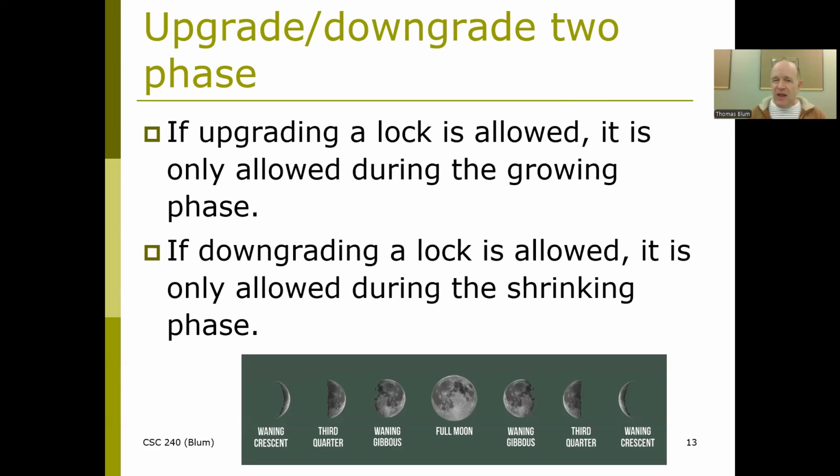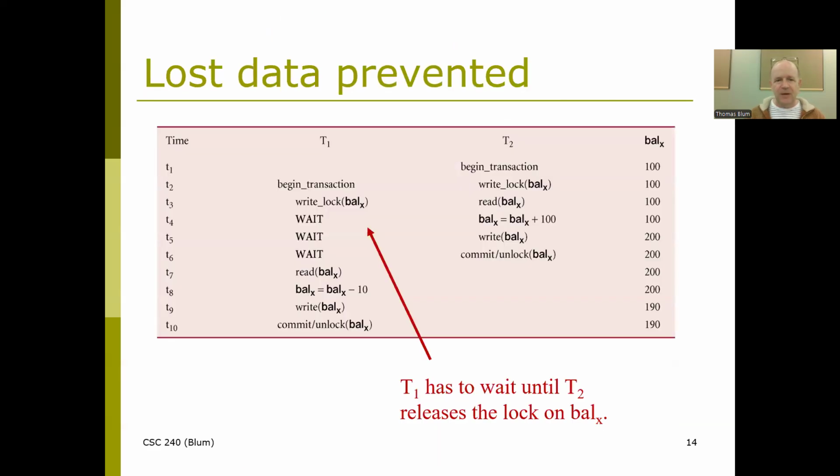Then if you have two phase, upgrading is something that you would do in the growing phase, and downgrading is something you do in the shrinking phase. So upgrading is part of growing, and downgrading is part of shrinking, if you're allowing that kind of thing.